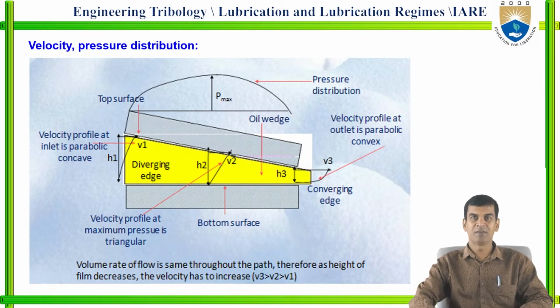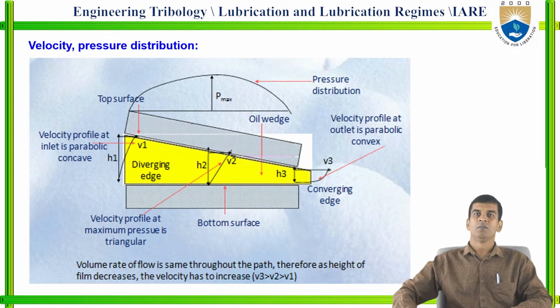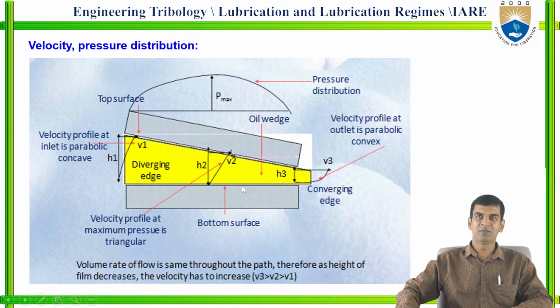Now you can see the velocity and pressure distribution over here. This one we'll call the bottom surface, and this one we'll call the top surface. In between the two surfaces you will have the fluid. This one we will call a diverging edge, and this a converging edge.